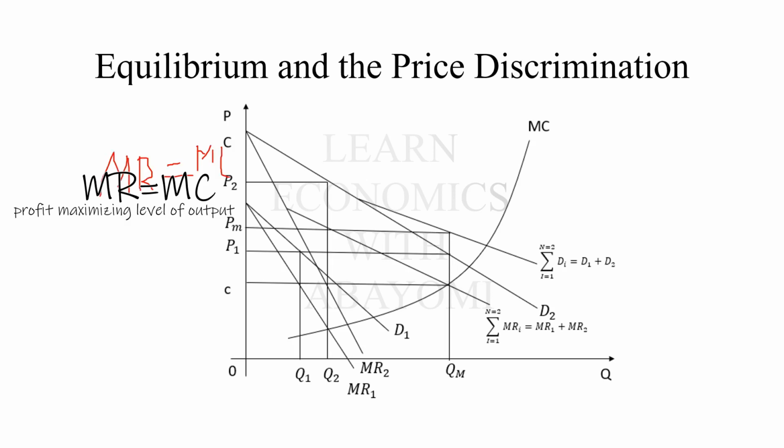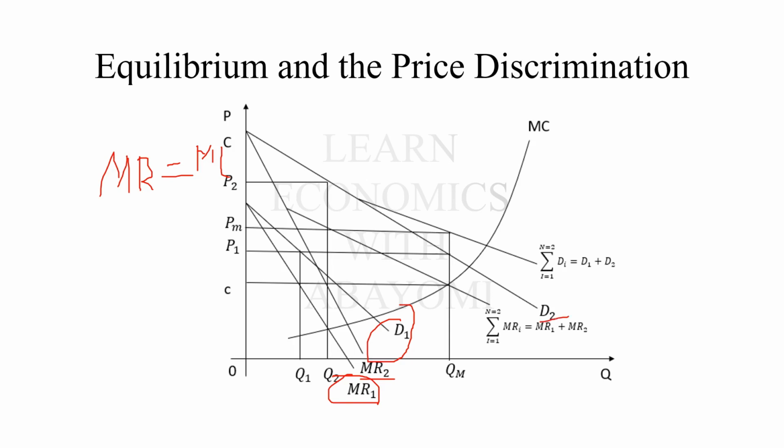Now, this graph is showing two different markets, and I will show you shortly. This is the marginal revenue of the first market, and this is the demand curve of the first market. This is the marginal revenue of the second market, and this is the demand for the second market.